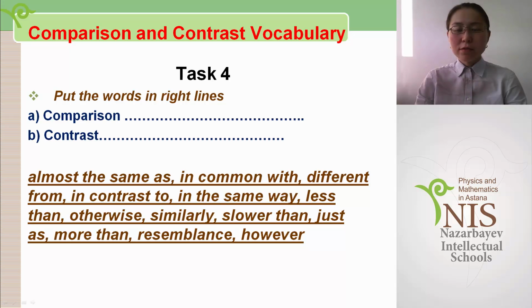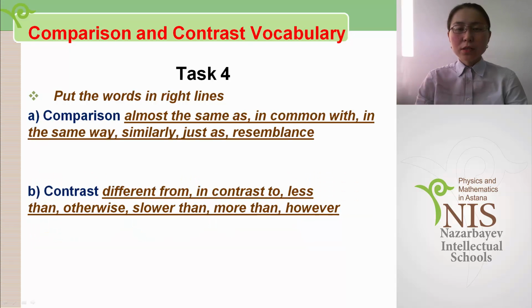And here we have the following words and phrases. Almost the same as, in common with, different from, in contrast to, in the same way, less than, otherwise, similarly, slower than, just as, more than, resemblance, and however. Now let's look at the answers.